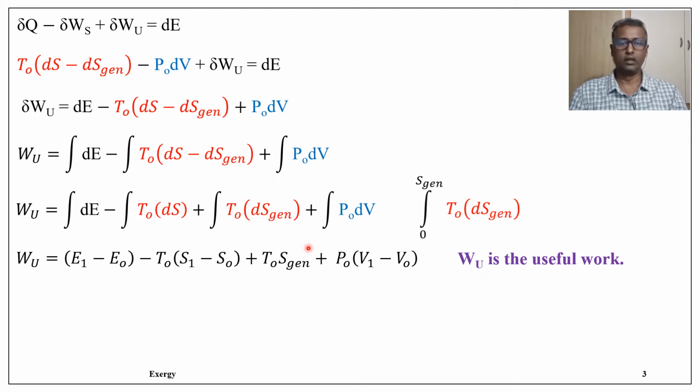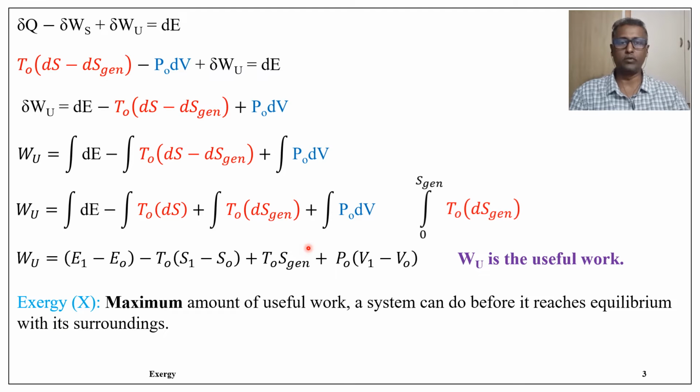Now we are going to define a term called exergy. What is this exergy? It is the maximum amount of useful work a system can deliver before it reaches equilibrium with its surrounding. That means before reaching the dead state.